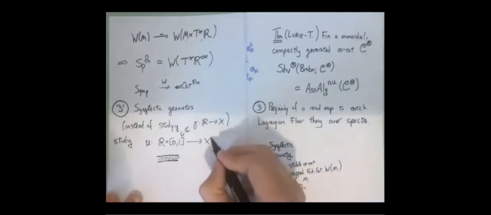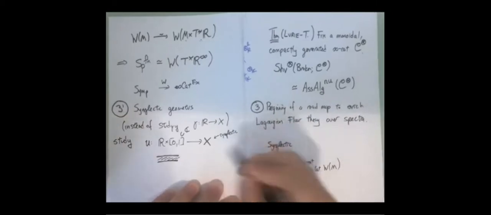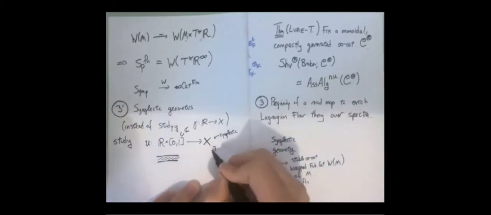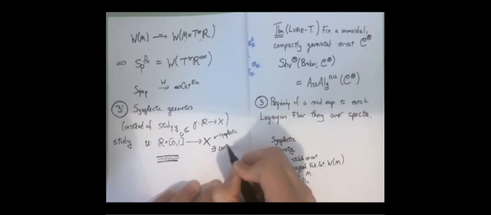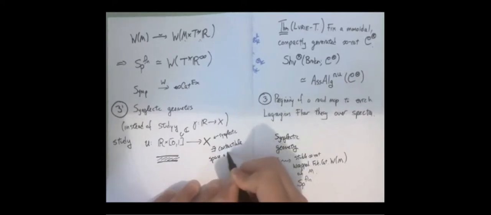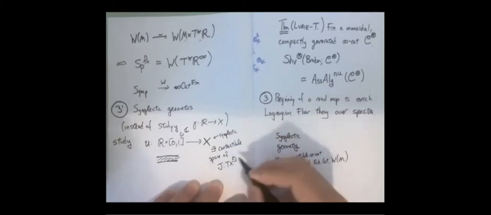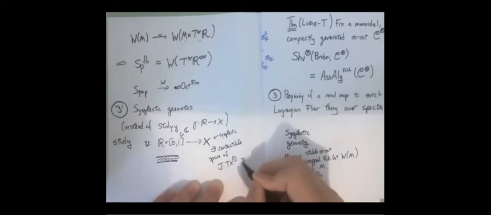And when X here is a symplectic manifold, it's a basic exercise in symplectic geometry that there exists a contractible space of endomorphisms of the tangent bundle that look like a complex structure that squares to -1.